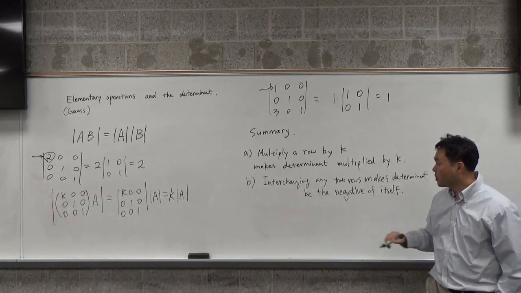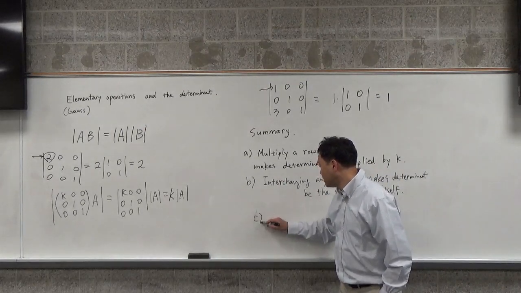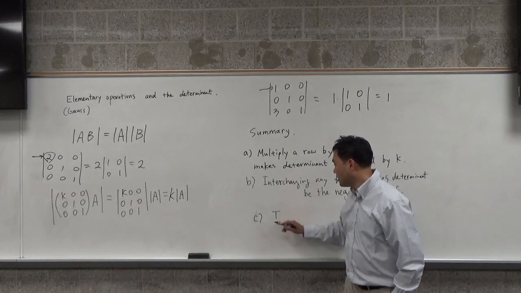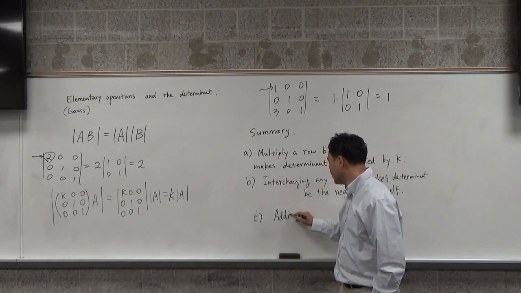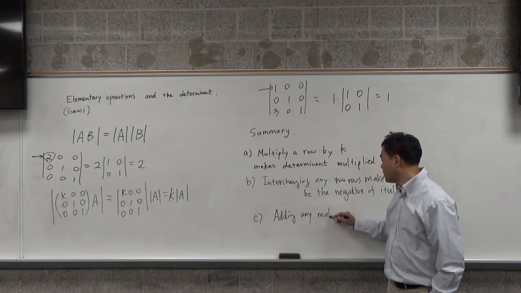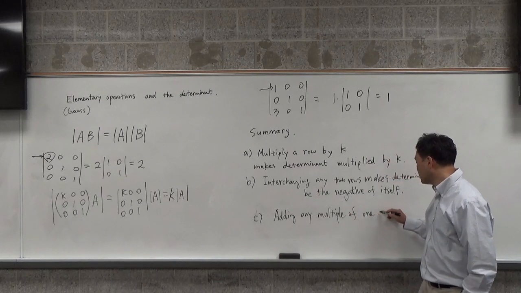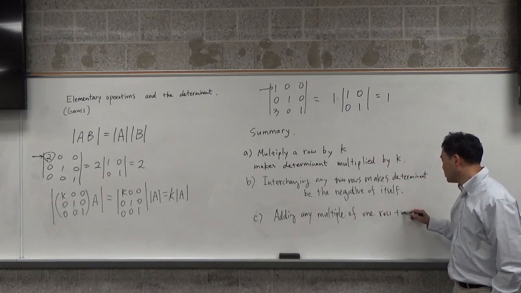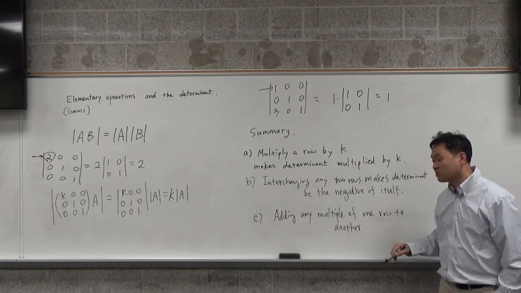Okay. All right. And then C. Adding any multiple of one row to another row does what to the determinant?